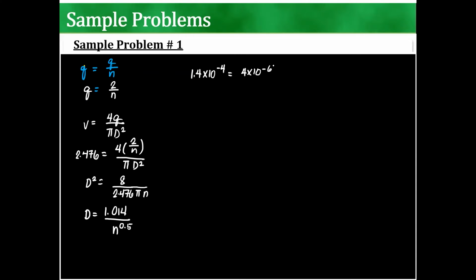So 4 times 10 to the negative 6 squared times 1,000 times the velocity, 2.476, divided by 18 times 18.35 times 10 to the negative 6, and then times 1.014 over n to the 0.5. So can you please solve for n?